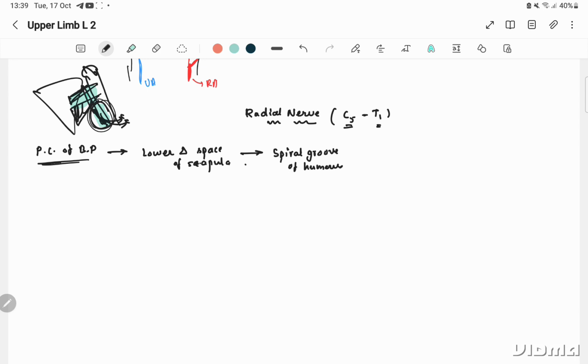If you have a humerus with you, please see there is a spiral demarcation present over the body of the humerus, that is called the spiral groove of the humerus.